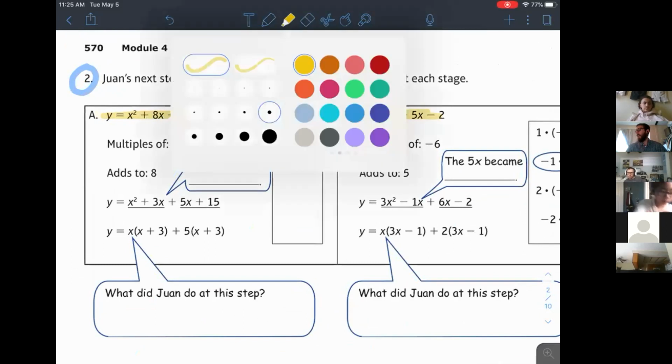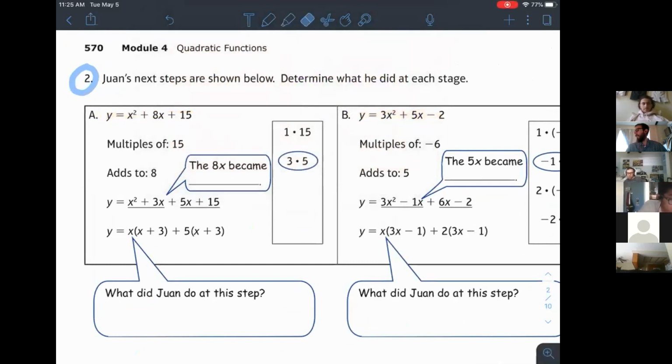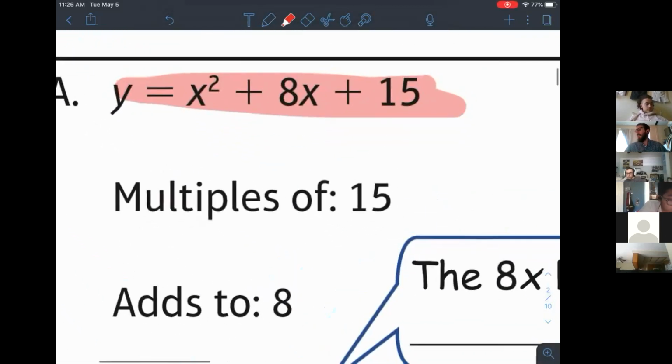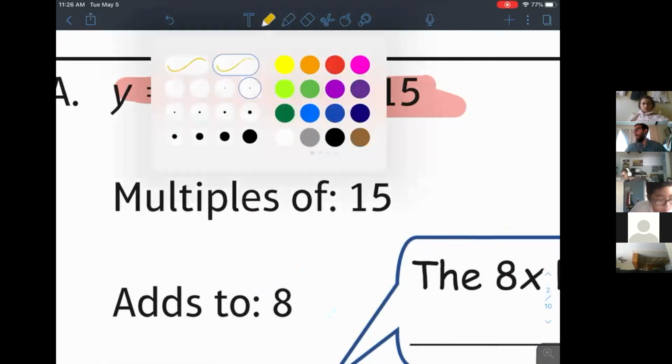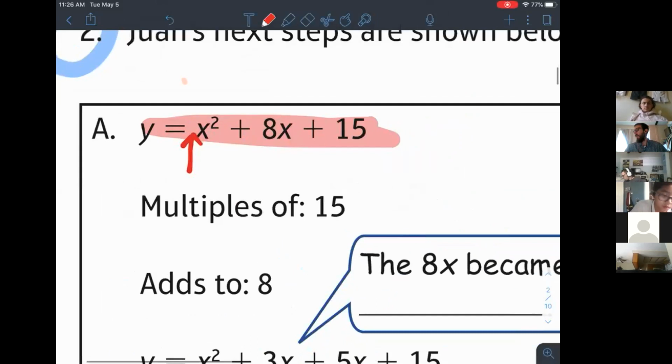Now I want to stress that these are different, and actually let me highlight these in a little bit darker color here. These are different, specifically part B, because everything that we did last week was factoring things like part A. And they were like part A because our leading coefficient, our A value, if we think about it, flashback to our Edpuzzle and our knowledge of standard quadratic form, our number in front of the variable squared was 1.